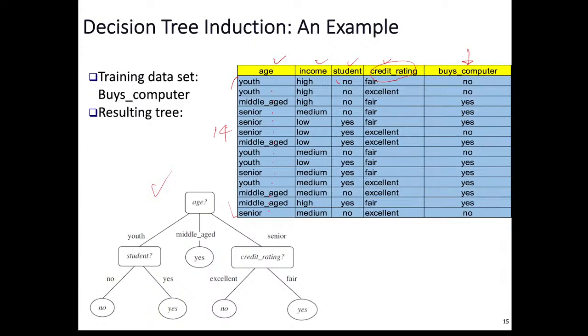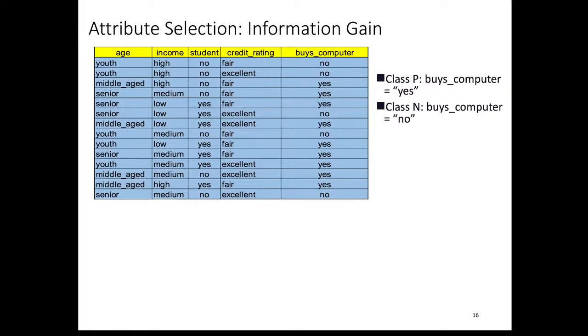So how should I do it? Okay, so we said that first you need to compute the amount of chaos before the split, right? So how random is it before the split? Here we have 5 no's and 9 yeses. Okay, so let's say the positive class is yes, the negative class is no. So we have 9 yeses and 5 no's.